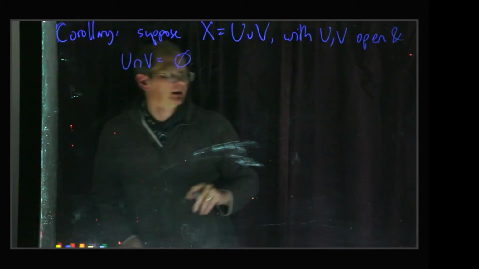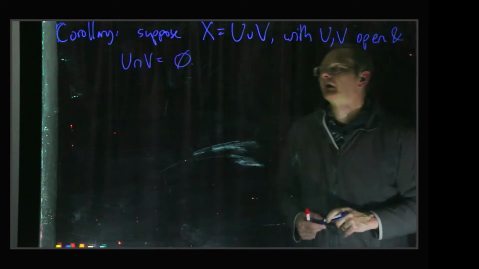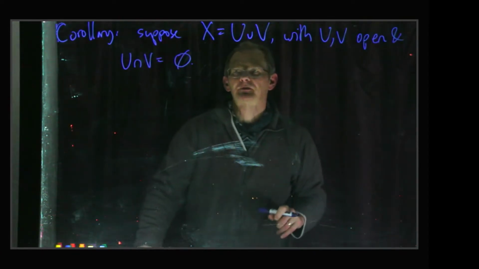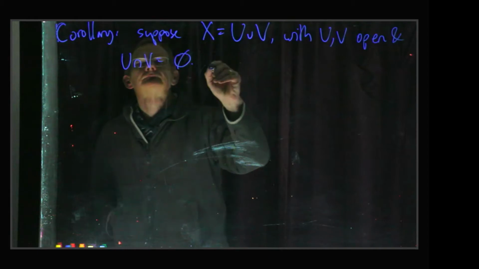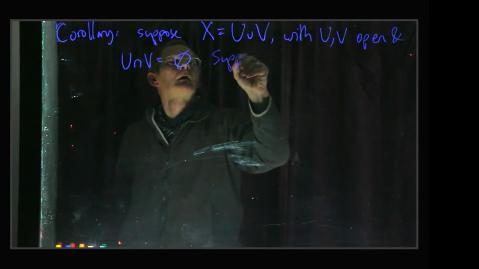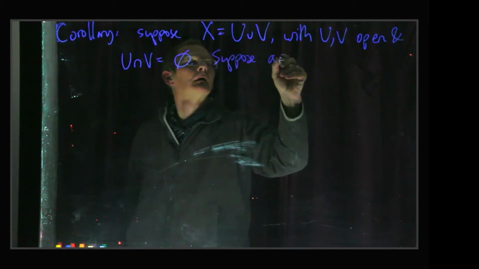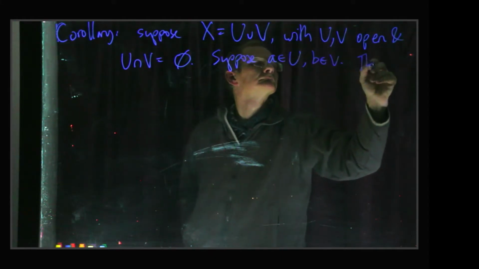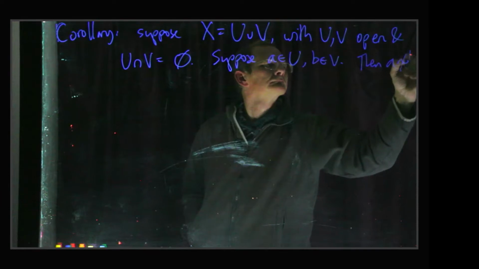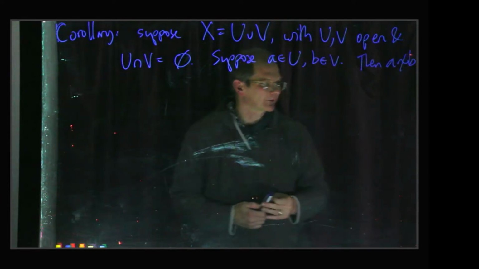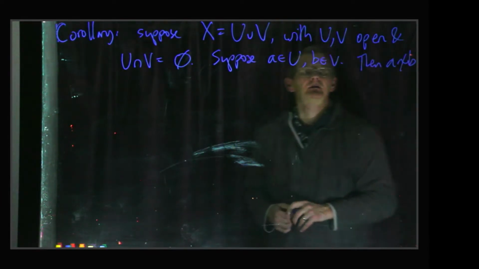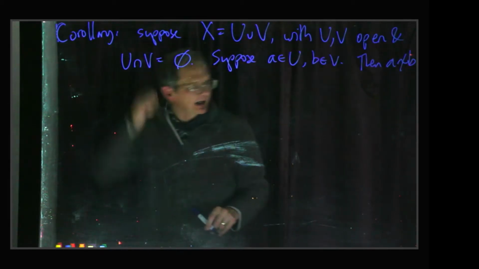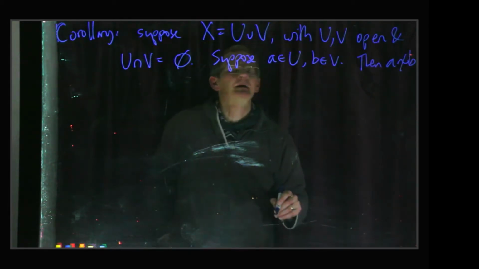Okay, so X is the disjoint union of two open sets U and V. Now suppose we've got some point A in U and some point B in V, and I want to claim that A cannot be connected to B.